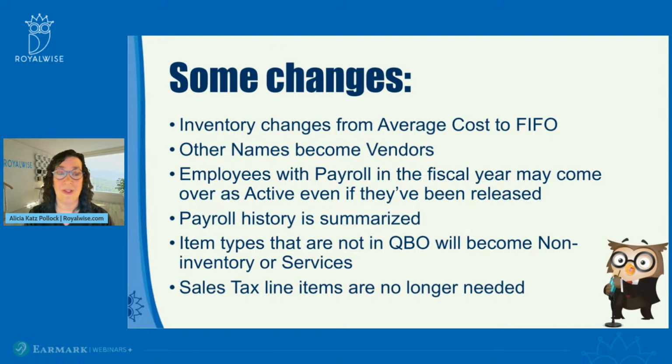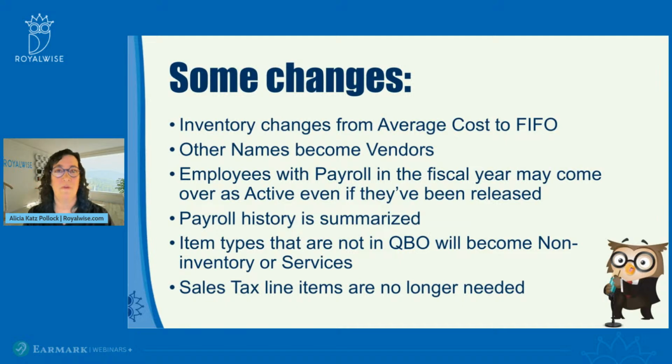You get summaries instead. If you have item types that aren't in QuickBooks Online, they're going to become either non-inventory or services, like sales tax or payment methods. There are 9 different item types in QuickBooks Desktop, but in QuickBooks Online, there are only 4.